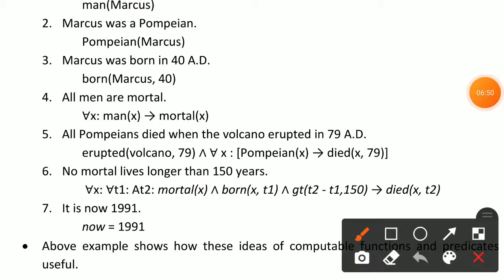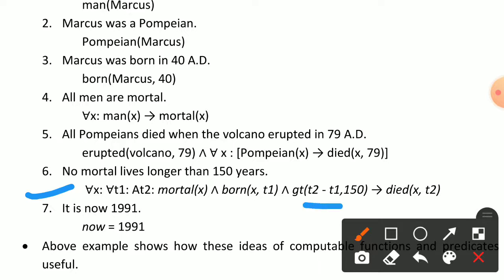Now the next simple fact is: no mortal lives longer than 150 years. It is the basic thing which is given in the simple facts. So we can write it like this: for all x, for all t1, for all t2, mortal(x) and born(x, t1) and greater than(t2 minus t1, 150) implies died(x, t2).